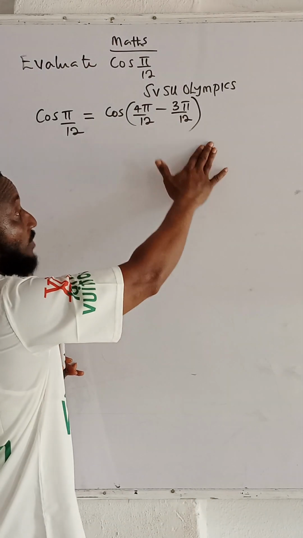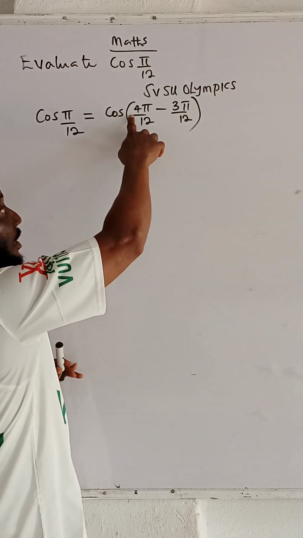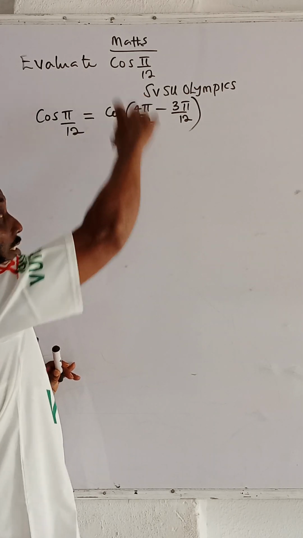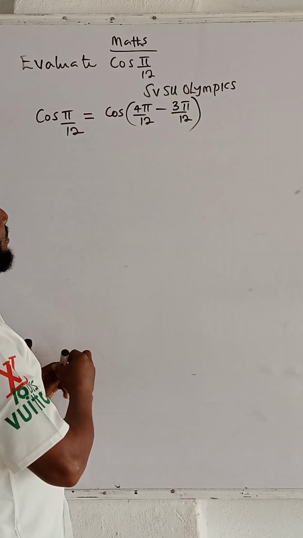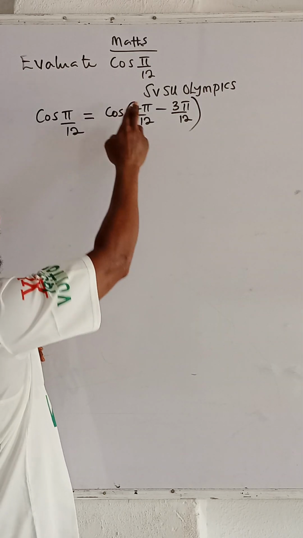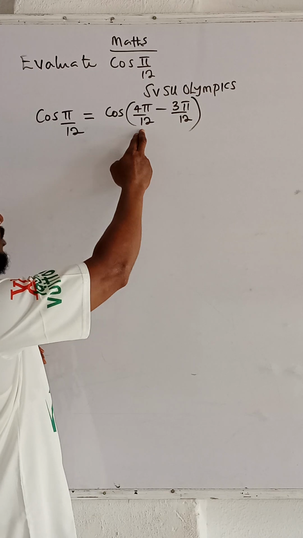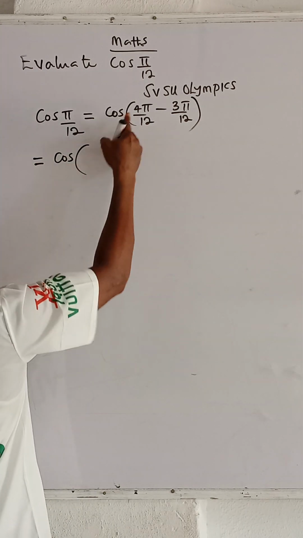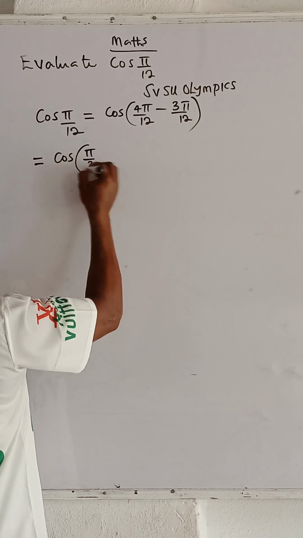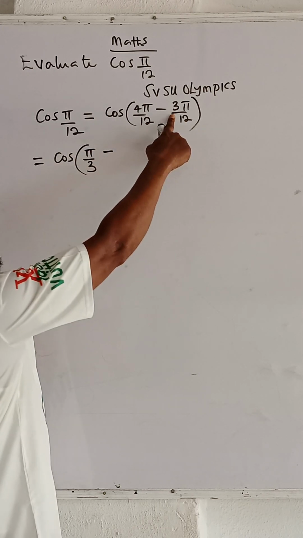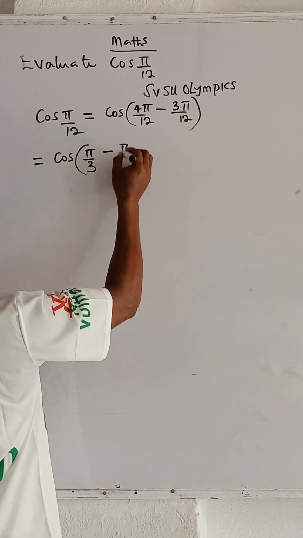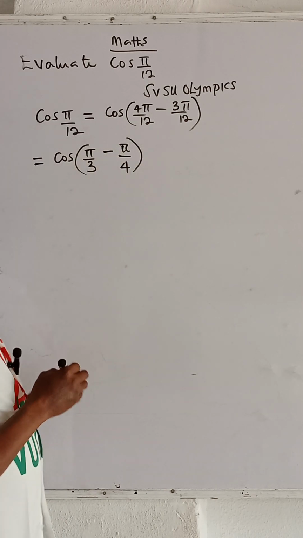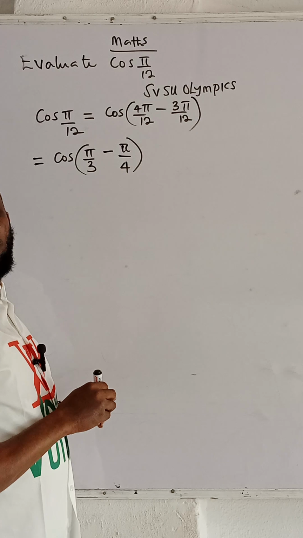So you could use 6 and 5. So you can see that these angles in radian can be simplified further to reduce it. So 4 will divide 4 pi and can divide 12. So what we have here is the cosine of pi on 3 minus, if you use 3 to divide these two guys here, we have pi on 4. So this is the very punchline of this problem.